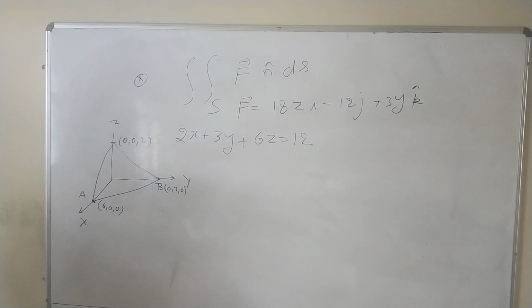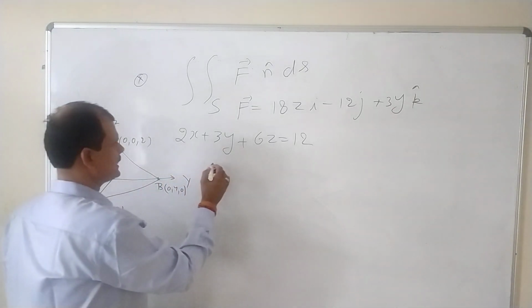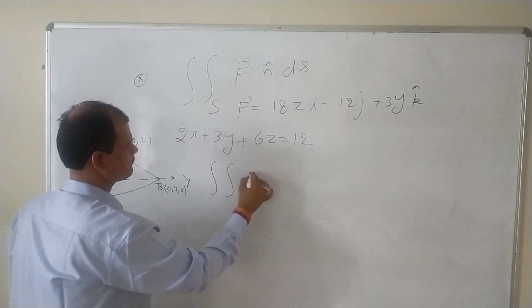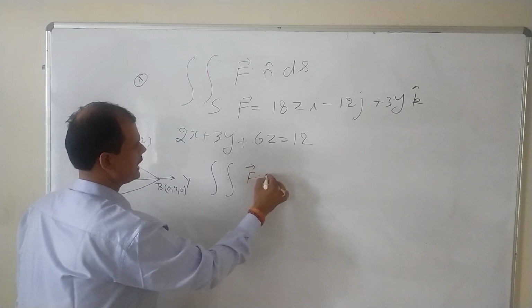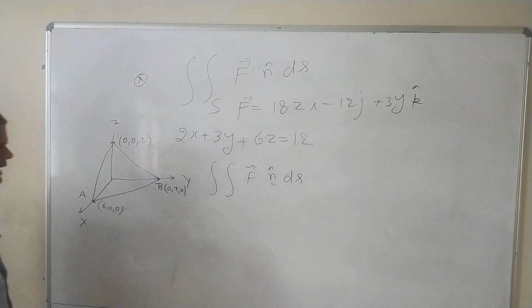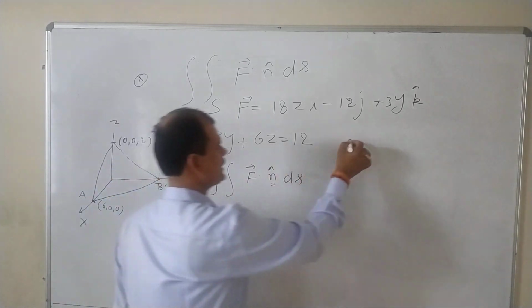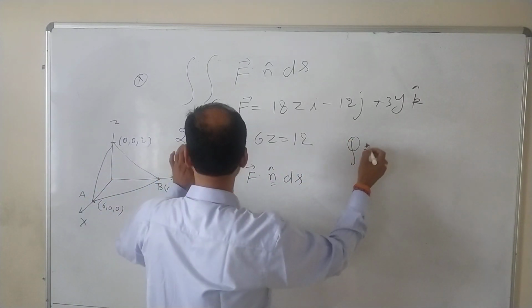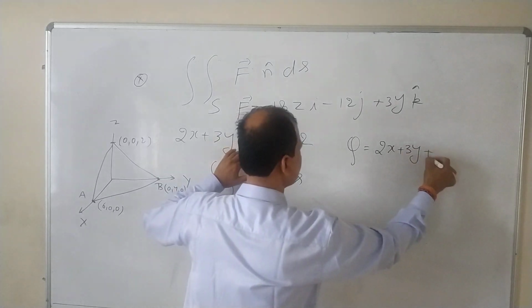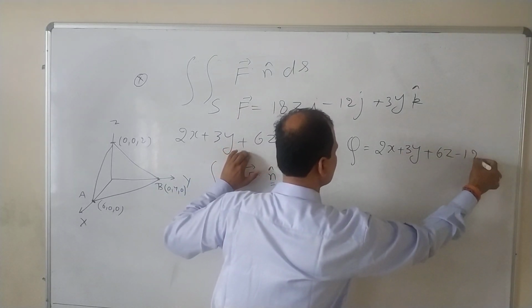Now let us have the double integration of F · n cap dS. What is the n cap? N cap is the unit normal vector of the surface. What is the equation of the surface? Phi is given as 2x plus 3y plus 6z minus 12.